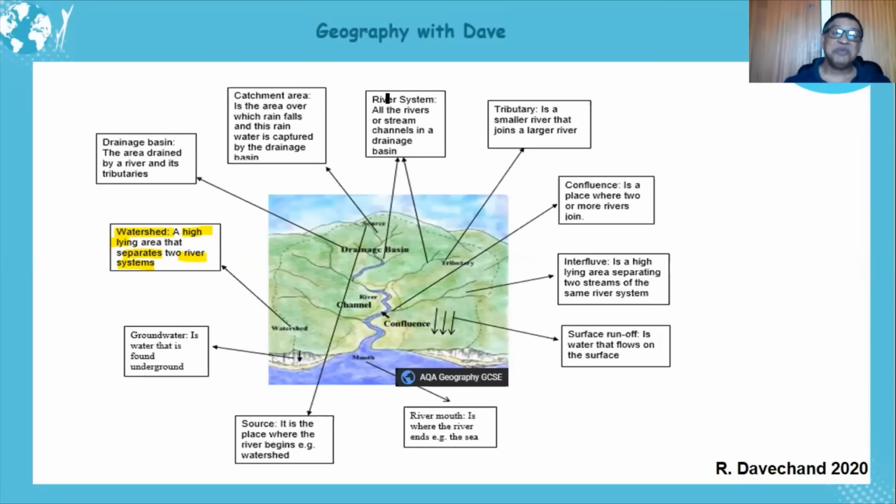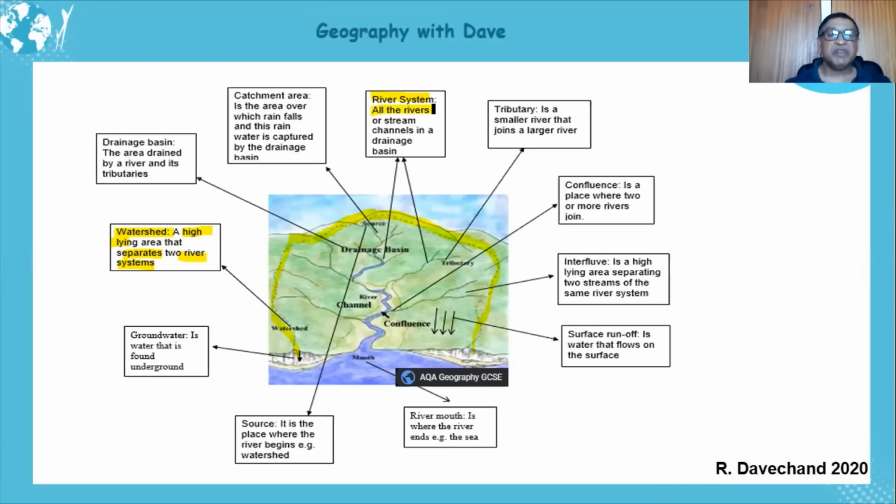Then we'll come to what is your river system. Maybe I should highlight. Can you see this high-lying area here? It's mountainous, and then this whole river system in between is separated from the other areas down here. So what is a river system?